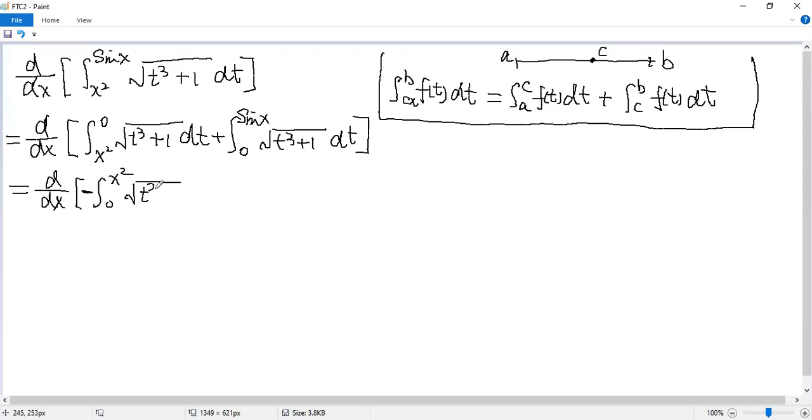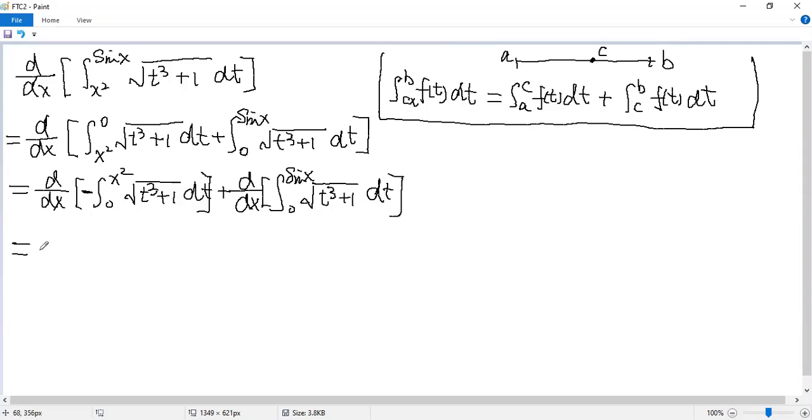So negative square root of t cubed plus 1 dt, plus the derivative of the second one: d/dx of the integral from 0 to sin x of the square root of t cubed plus 1 dt. Now we can apply the new formula.